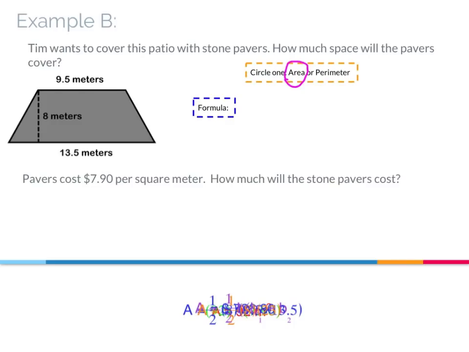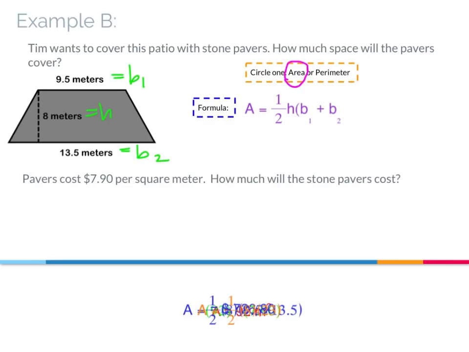Looking at our formula sheet, the area for a trapezoid is equal to 1/2 the height times base 1 plus base 2. Looking at the trapezoid, the height is 8 meters, base 1 is equal to 9.5 meters, and base 2 is equal to 13.5 meters.